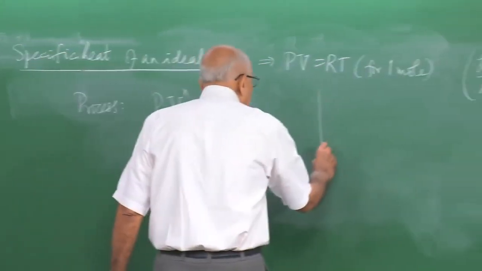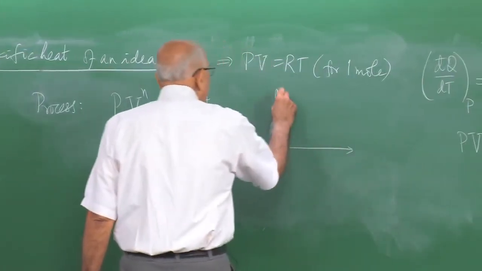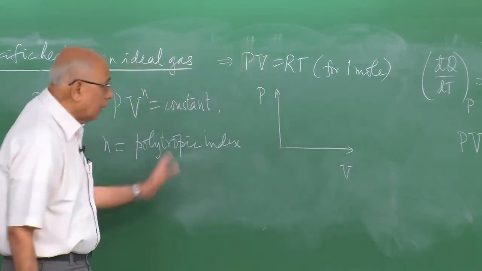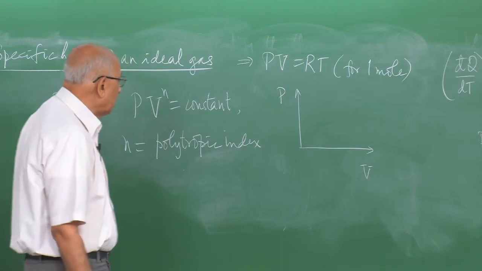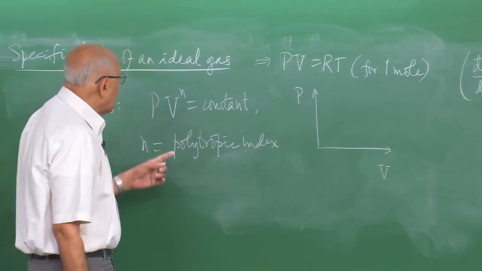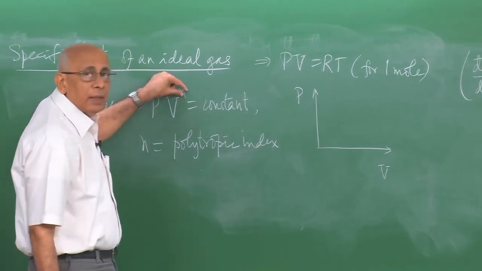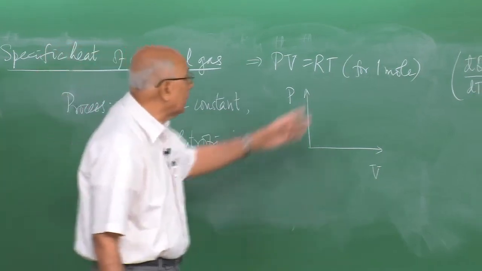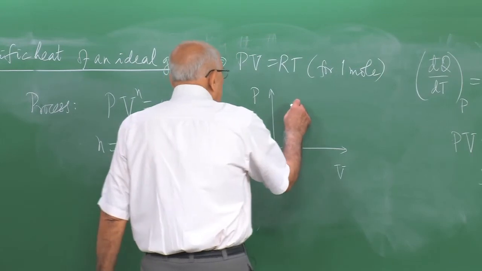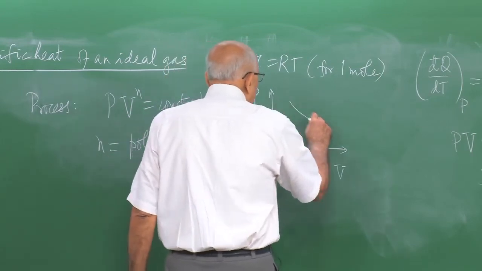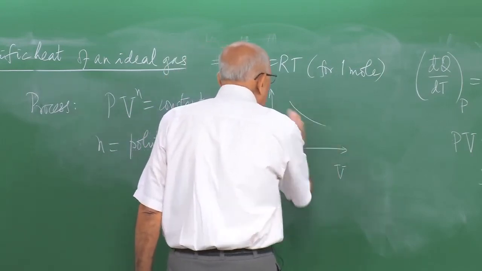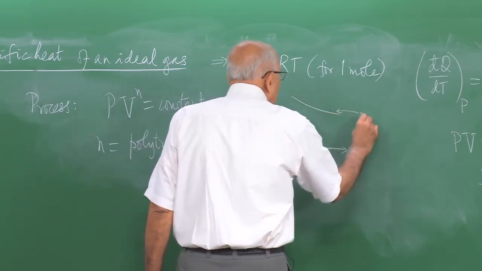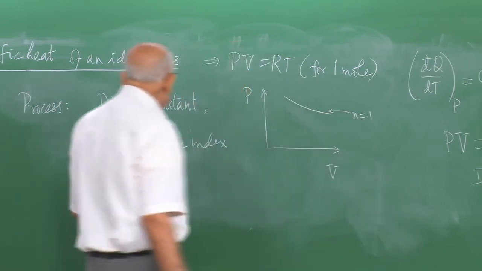So, in the space of P and V, if I plot P here and V here, these can't be negative, so only the first quadrant is involved. Then, as you know, if I put n equal to 1, I get an isothermal process. That is Boyle's law, it says PV equal to constant when T is constant. So, this corresponds to n equal to 1, PV equal to constant.